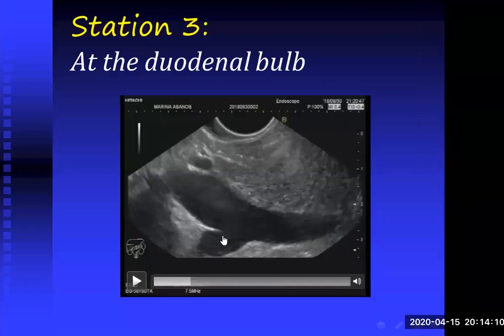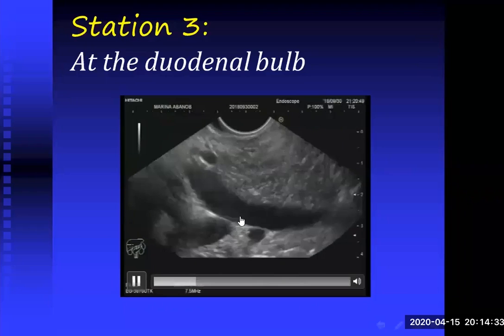Let us see station 4 in the stomach later on, but now we will concentrate on station 3 in the bulb of the duodenum, with the meeting of the splenic vein from below and the superior mesenteric vein coming from the right to form the portal vein. So the portal vein, I can see it from the bulb of the duodenum. Yes, this is the venous confluence, very nice.